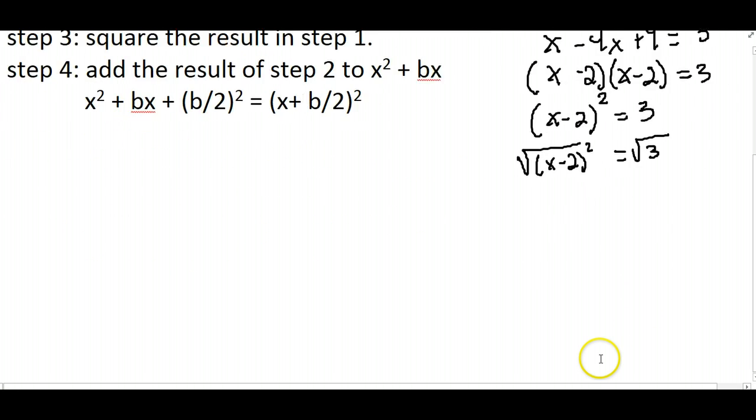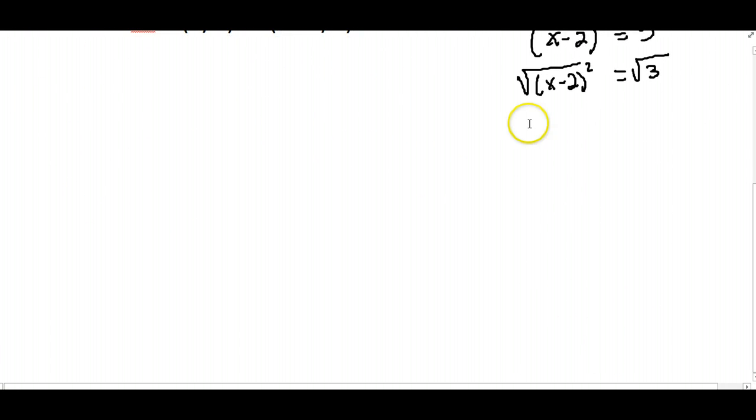All right, so when we do that on the left, we end up with x minus 2, because the square root and the squared cancel each other out, equals the square root of 3. Or sorry, plus or minus the square root of 3, because when you take the square root, it's plus or minus.